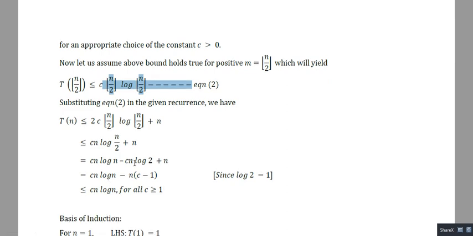Now the value of log 2 is 1. So it will be c n log n. Here we have n, here also we have n, so taking minus n common, here it will have c and here we will have minus 1, because the log 2 value is 1.